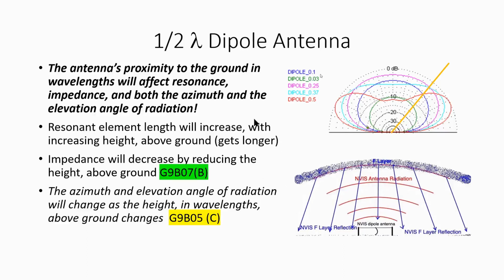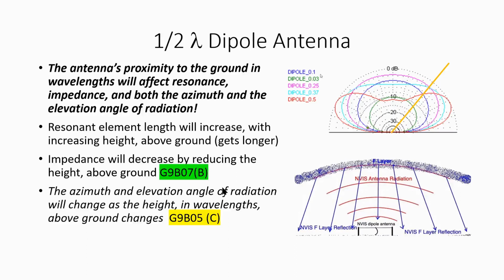The azimuth radiation pattern, remember, is on the compass, of a horizontal dipole HF antenna at elevation angles, this yellow elevation graph, higher than 45 degrees. And the right choice is C.